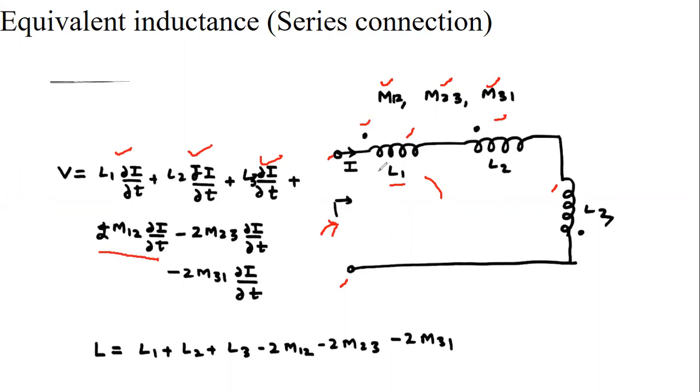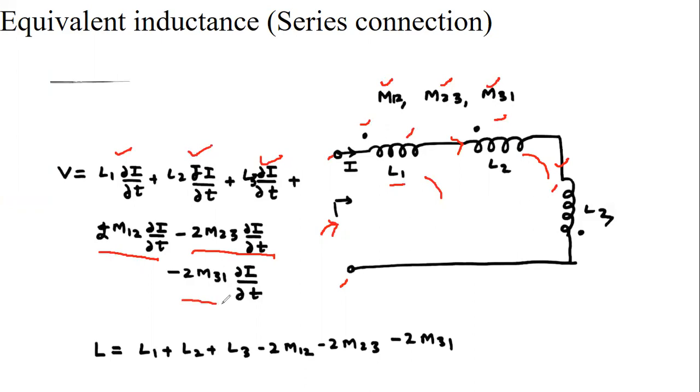Because of the effect of L1 on L2 and the effect of L2 on L1, and the currents are the same. For coils 2 and 3, in coil 2 current is entering from the dotted terminal, while in coil 3 current is entering from the non-dotted terminal, so the fluxes are opposite each other. So this term is minus 2M23 del I by del T.